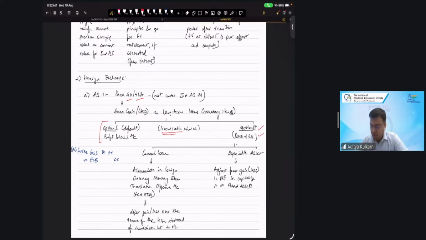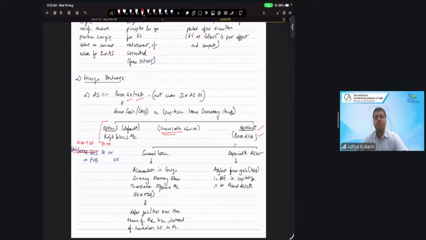The Ministry of Corporate Affairs said, okay, we are sympathetic with you. We understand your pain and that we are part of your pain. So what we will do is give you an option. You will not take this hit to the P&L immediately. Instead, we allow you to park it in the foreign currency monetary item translation difference account debit.